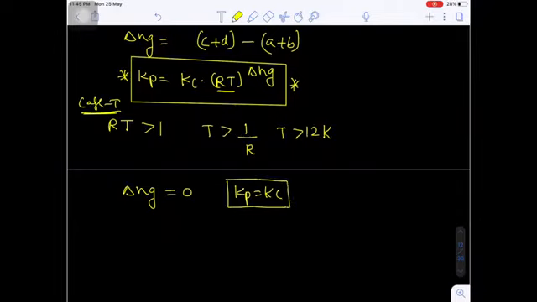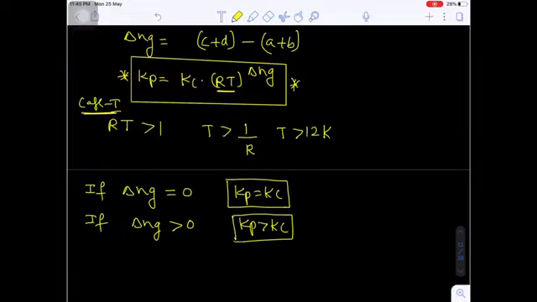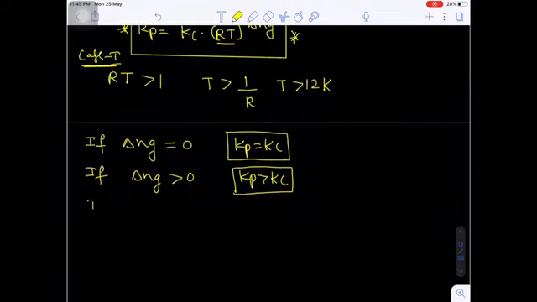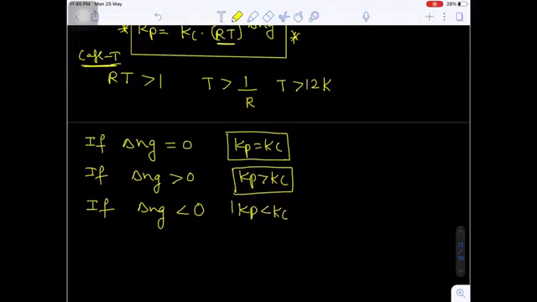If delta Ng is less than 0, then Kp is less than Kc.